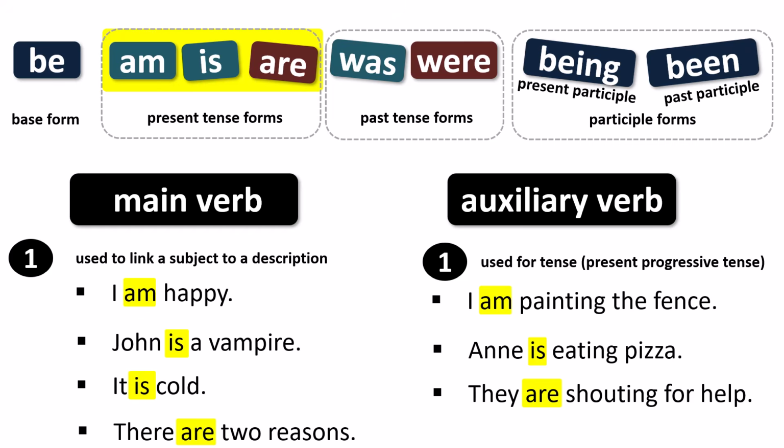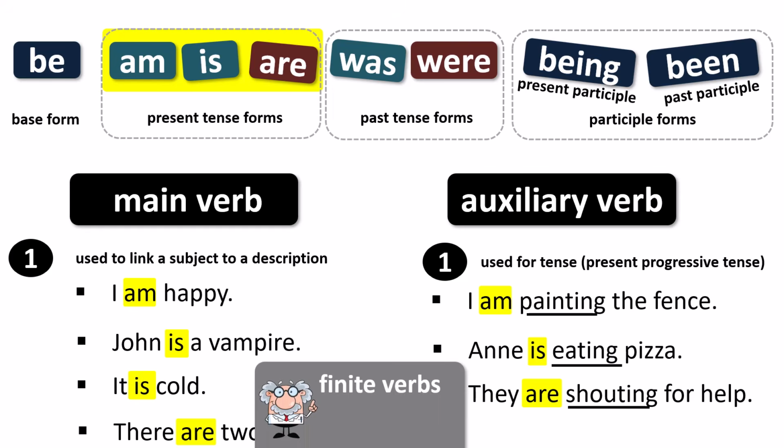Don't forget that in any sentence, the verb that gives us the meaning is the main verb. Do not confuse main verbs with finite verbs. Sometimes they are the same, sometimes they are not the same. Everything in yellow here is a finite verb. In the left-hand column, the finite verbs are the main verbs.